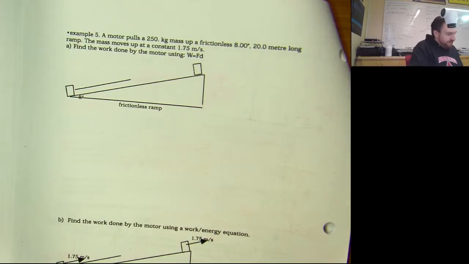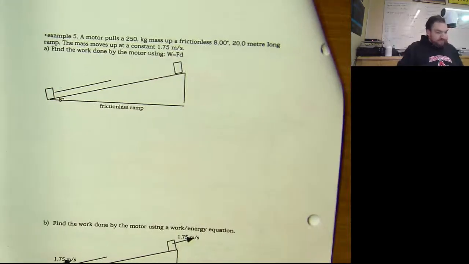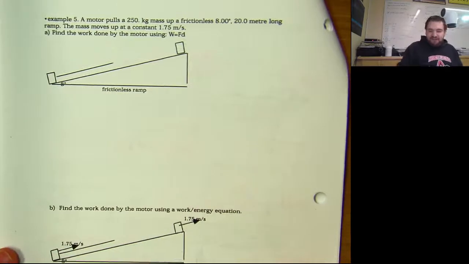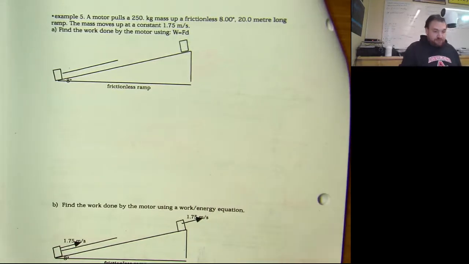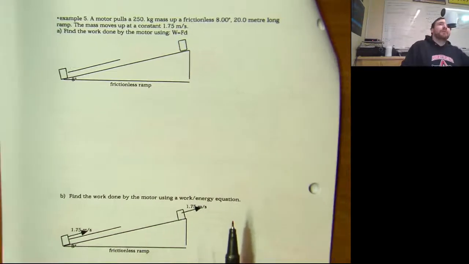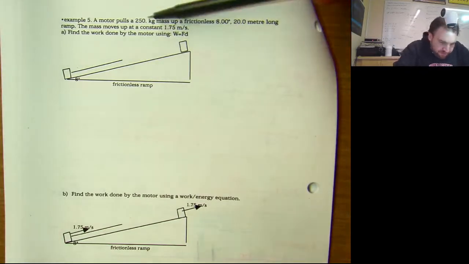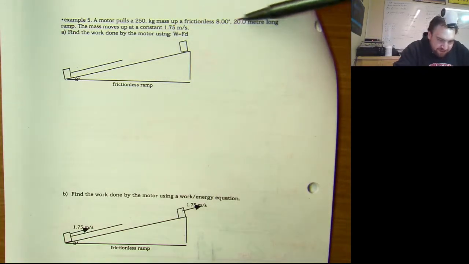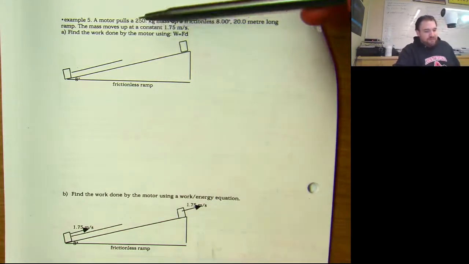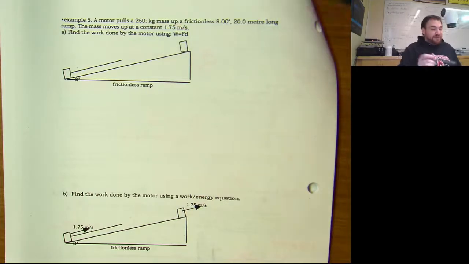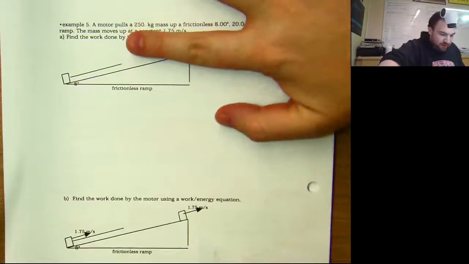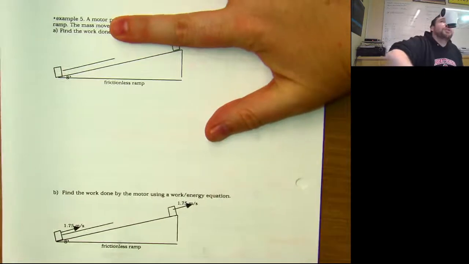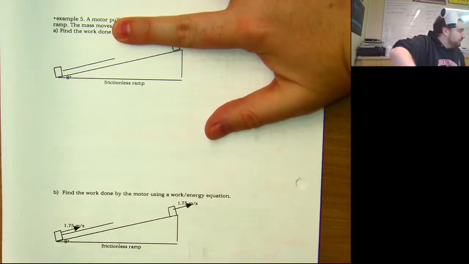Oh, no, I have the page here. Okay, so I've got the same situation here twice. I've got a motor pulls a 250 kilogram mass up a frictionless 8-degree, 20-meter long ramp. The mass moves at a constant 1.75 meters per second. I want to find the work done. That's the way it would be posed to you on a test or final exam.